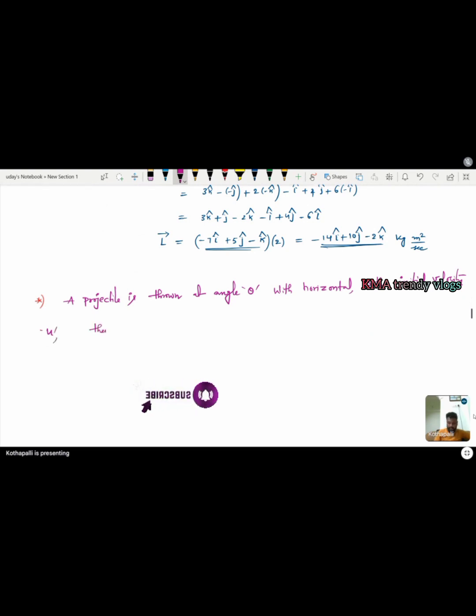Then find, first question: angular momentum about its point of projection when it is at its maximum height.